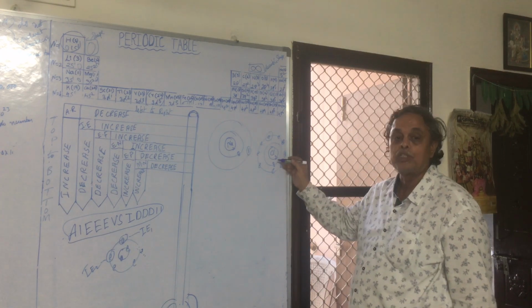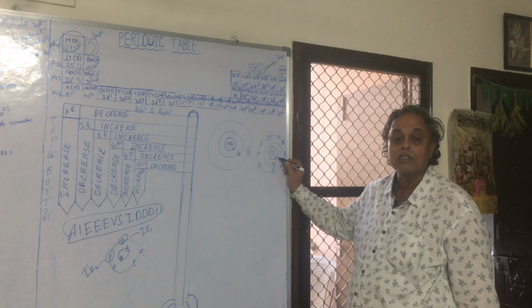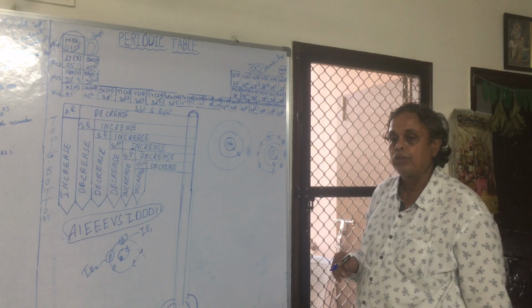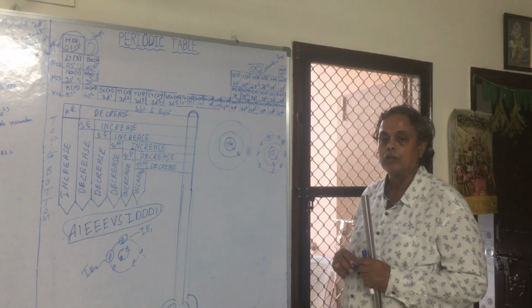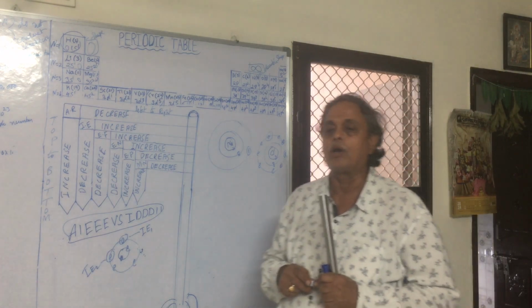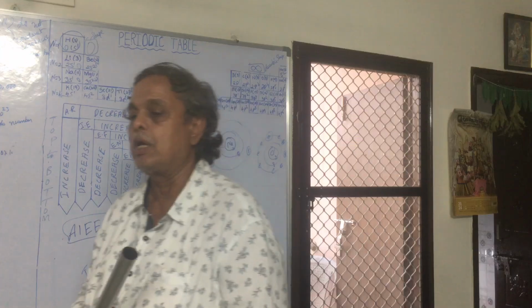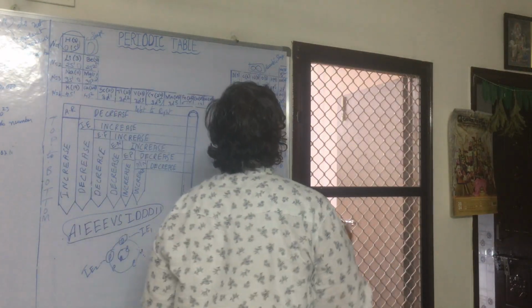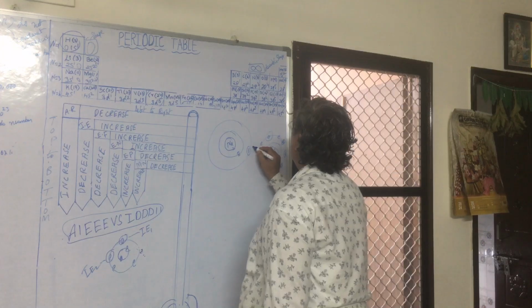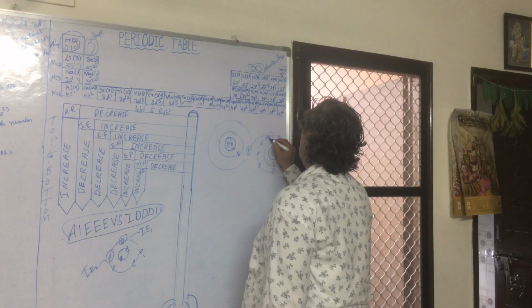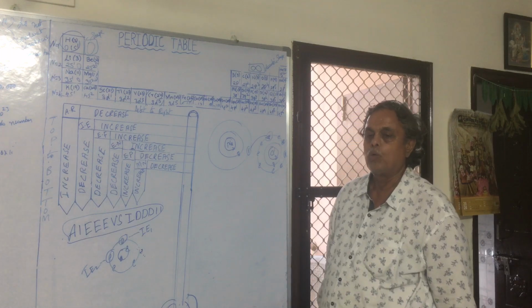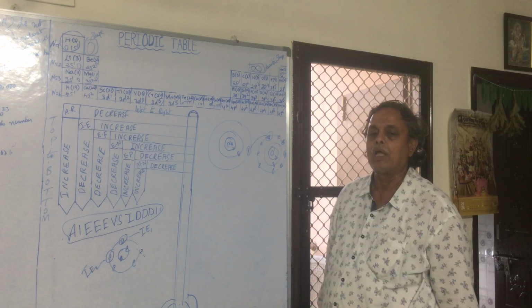The energy which it releases is called electroaffinity. Write down. The tendency of an electron for attracting towards itself is called electroaffinity.